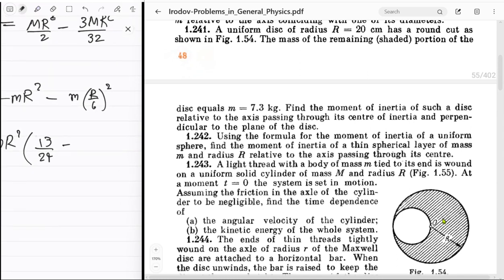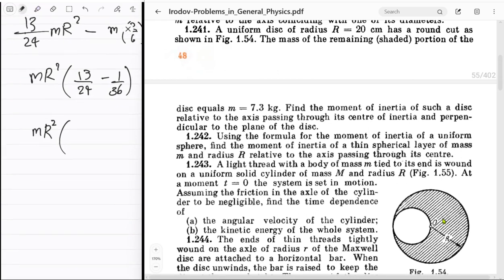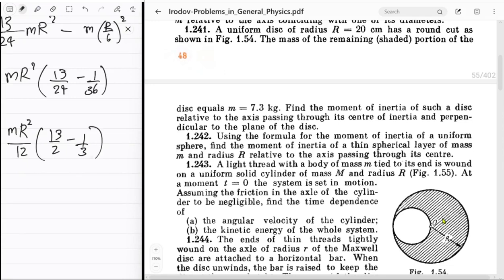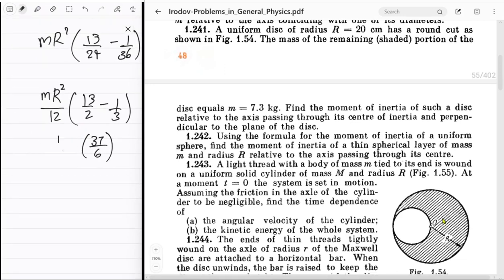So 13 upon 24 minus 1 upon 36, sure. So small m r squared, take 12 out. 13 upon 2 minus 1 upon 3, I think. This is going to be what? 39 minus 2 is just 37 upon 6. So mr squared upon 12 times this thing.